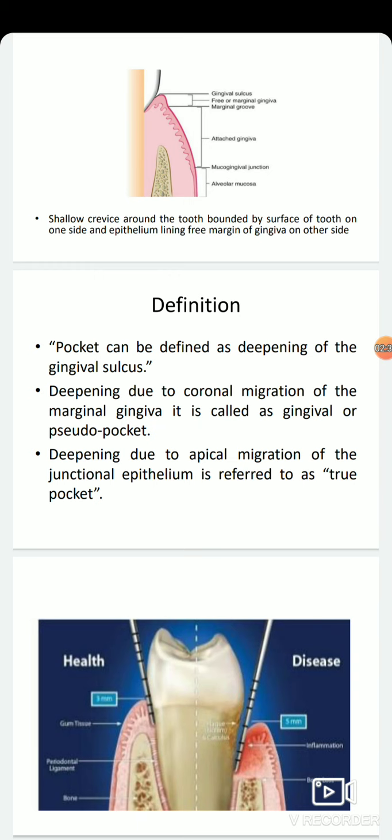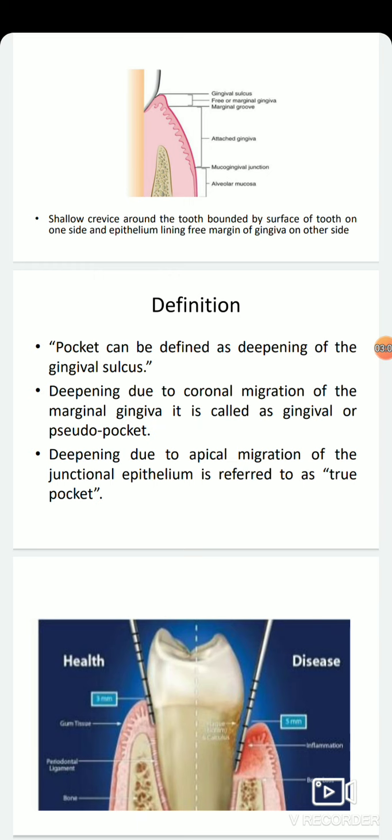Deepening of gingival sulcus can occur by coronal placement of marginal gingiva, increasing the sulcus depth, or by apical placement of junctional epithelium. So either of these things can increase the sulcus depth, which is termed as a pocket.